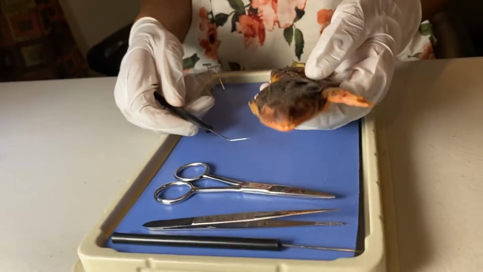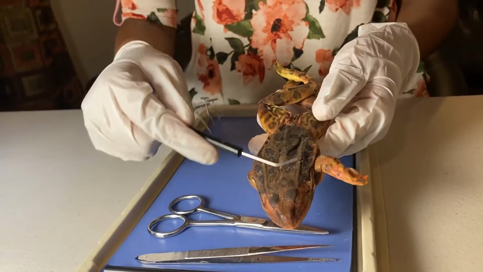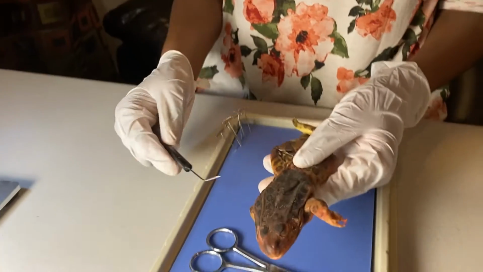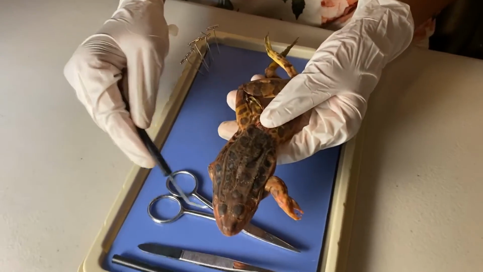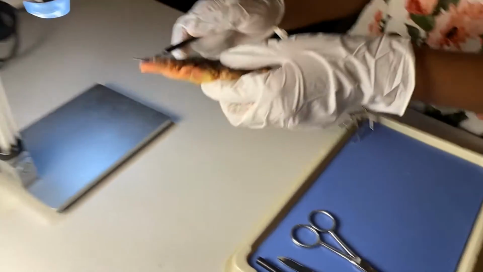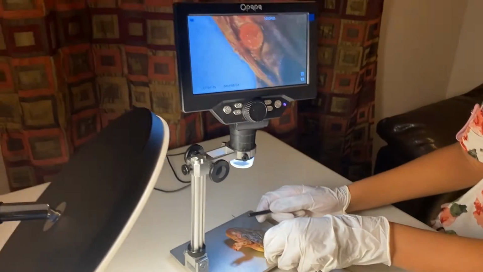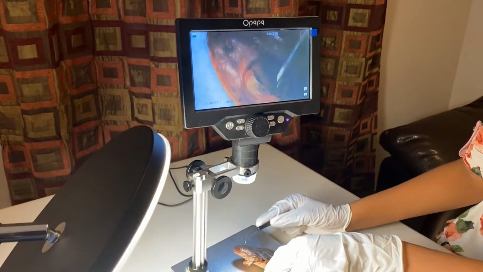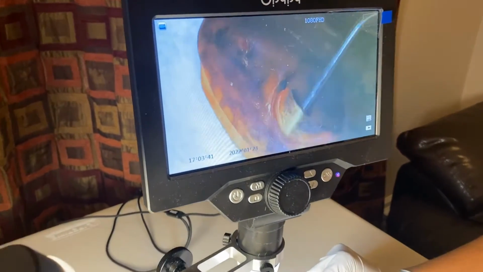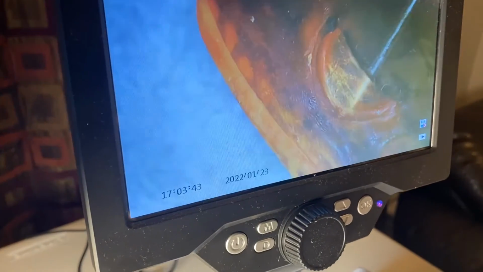Let's discuss some of the structures on the dorsal side of the frog. The first thing you see are the eyes. I'm going to put the eyes underneath the digital microscope. When you look at the eyes, you can see that there is a membrane on top of them.